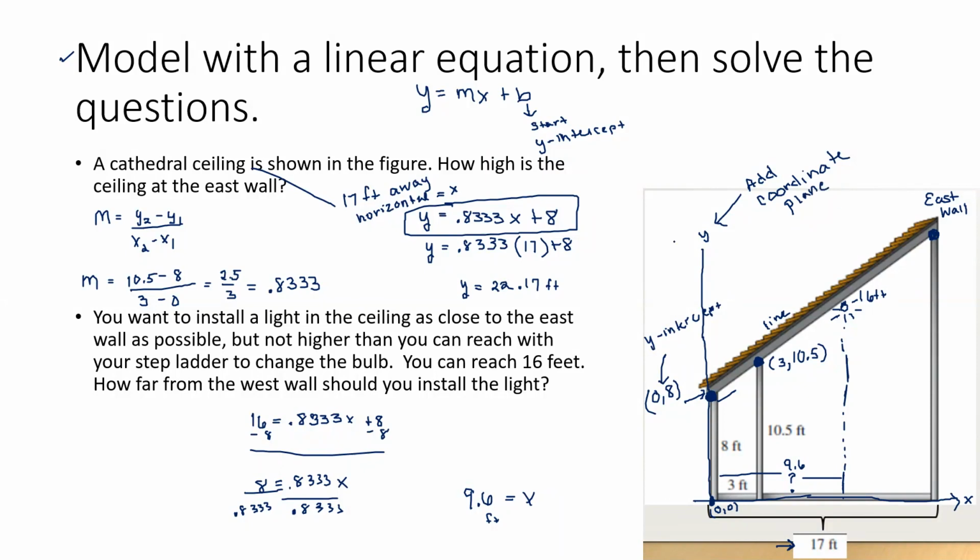So I added the coordinate plane, and then I was able to use ordered pairs to find slope. Once I had slope, I could figure out a linear equation. And then when it comes to solving the questions, here the 17 was x because it was horizontal. And here the 16 was y because they were talking about a vertical distance.